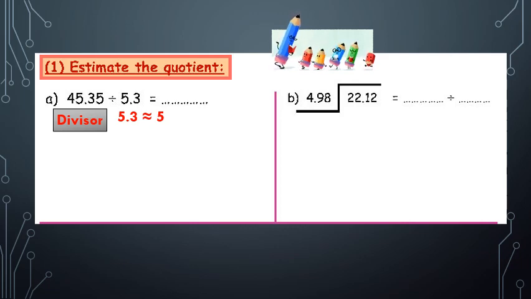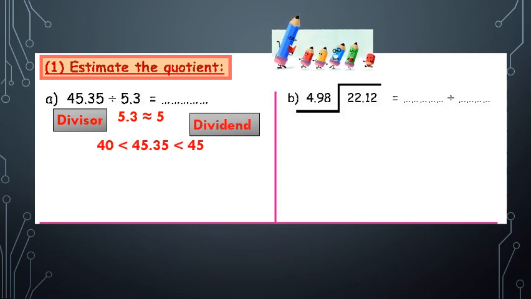Then take the dividend and look for the number rounding up and rounding down according to the multiples of 5. So 45 and 35 hundredths is between 45 and 40.